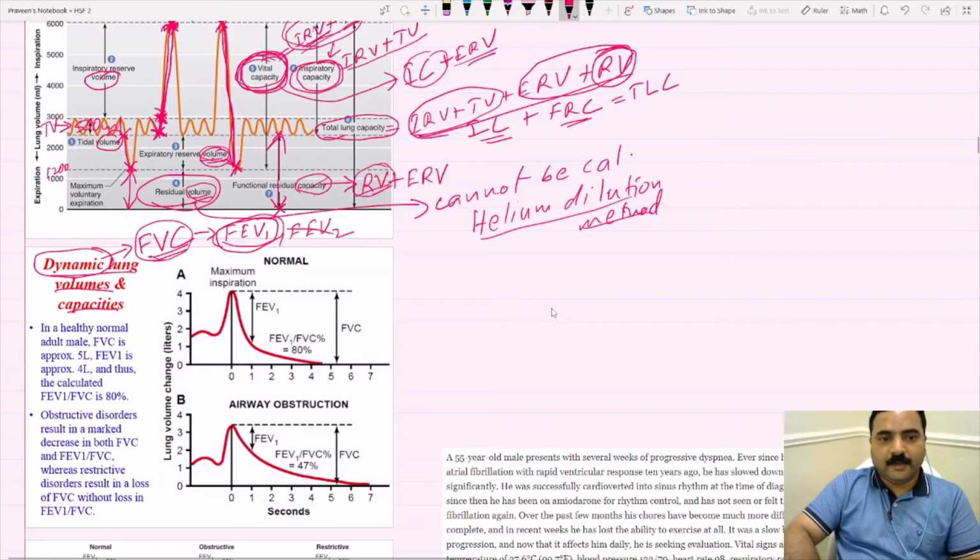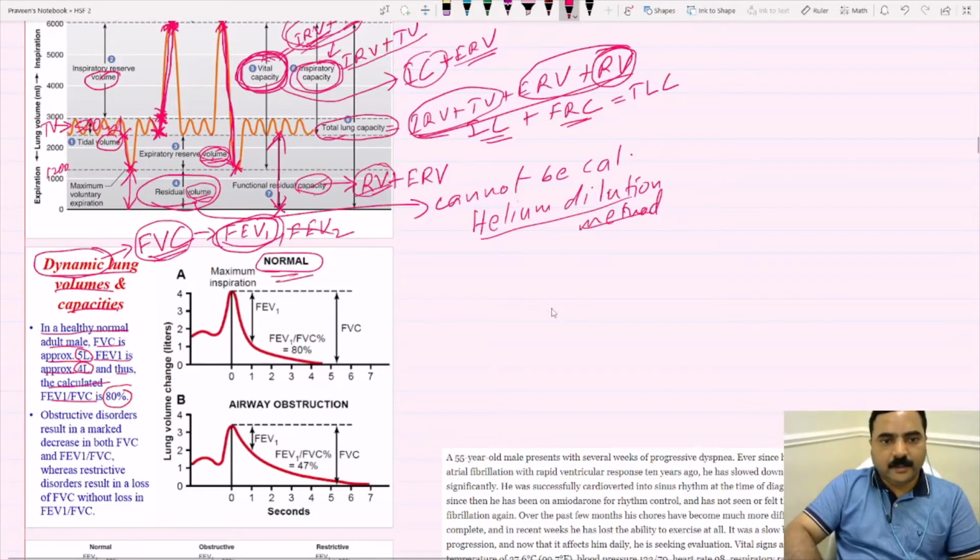So what happens here? You can see this is the normal person. In a healthy normal adult male, FVC is approximately 4 to 5 liters, FEV1 is approximately 4 liters, and thus the calculated FEV1 by FVC is about 80%. That is what is shown in this graph, the normal one.